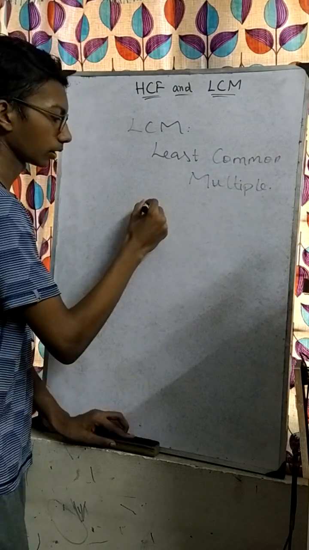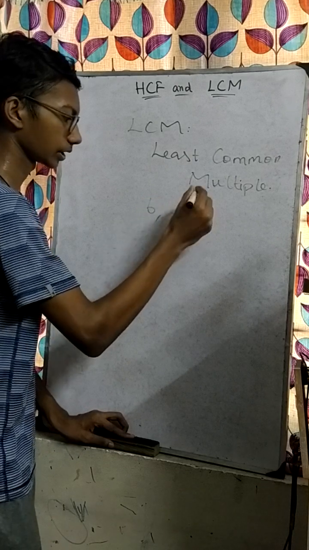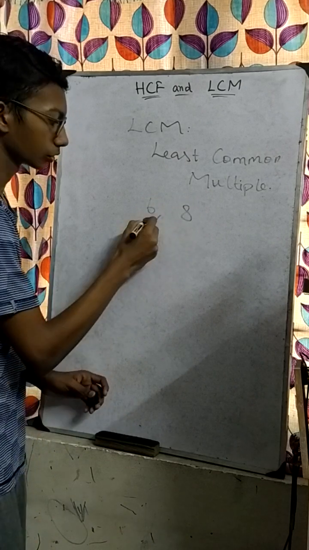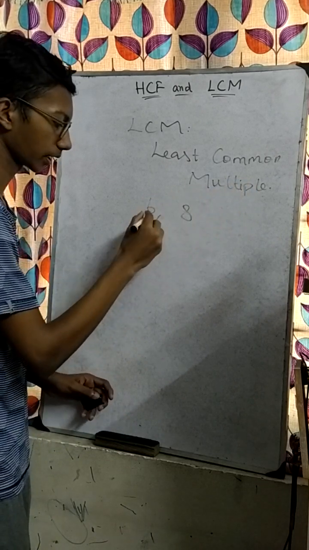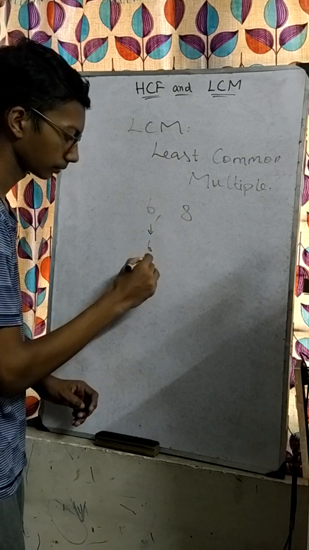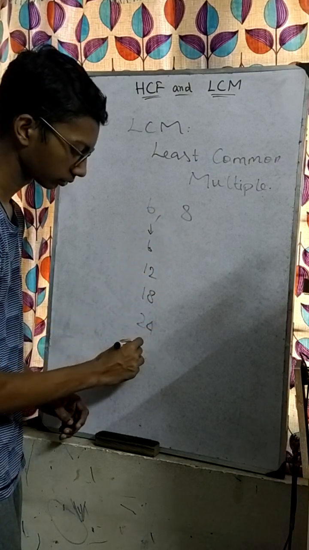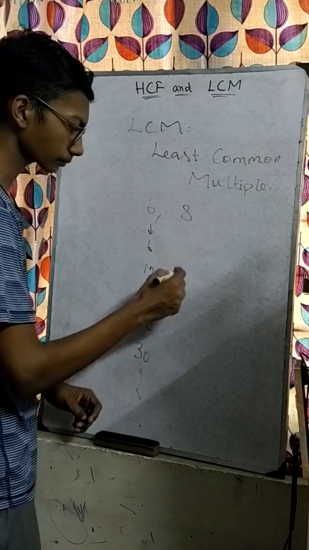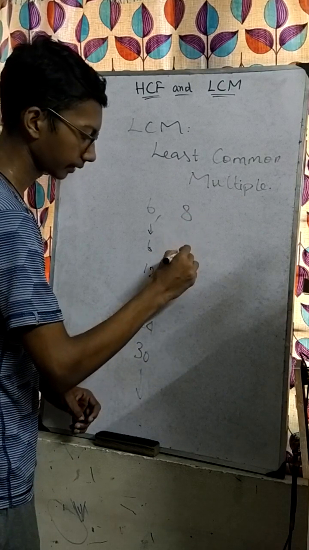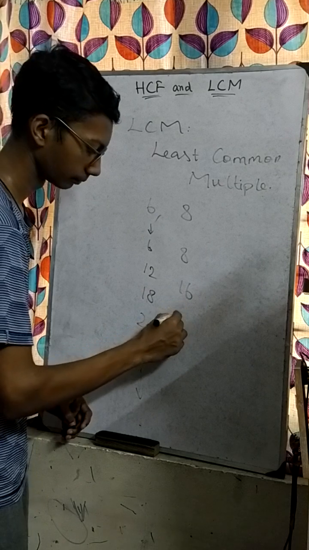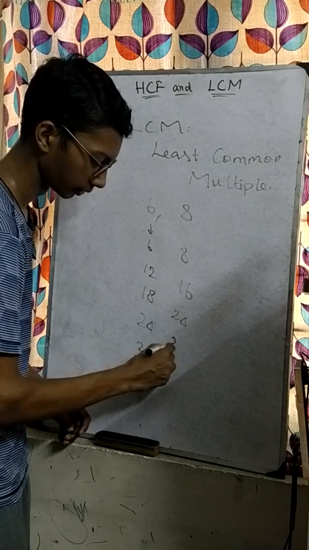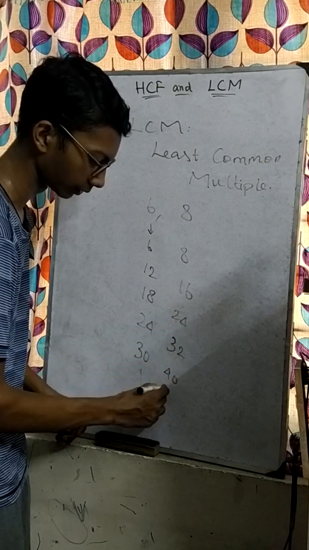Let's take the same numbers, 6 and 8. So the multiples of 6 we should write here: 6, 12, 18, 24, 30, and it goes on. And for 8 it is 8, 16, 24, 32 and 40, and it goes on.